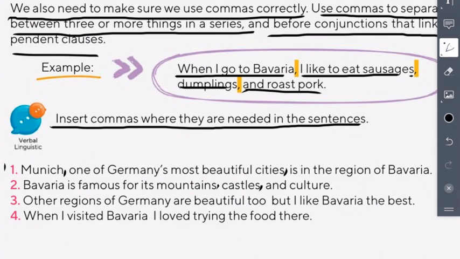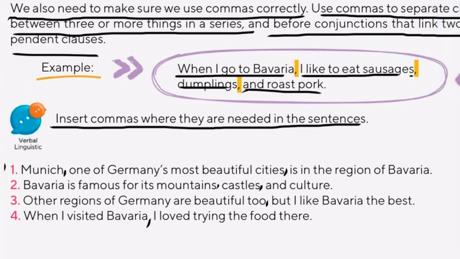Good. 3. Other regions of Germany are beautiful too, but I like Bavaria the best. And finally, number 4. When I visited Bavaria, I loved trying the food there. And just like that, we finish. All right? Excellent, class. It was super easy, right?